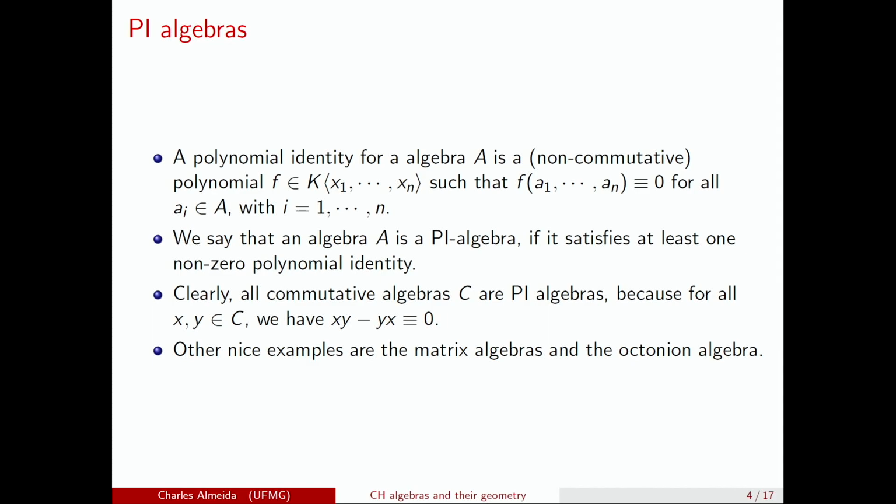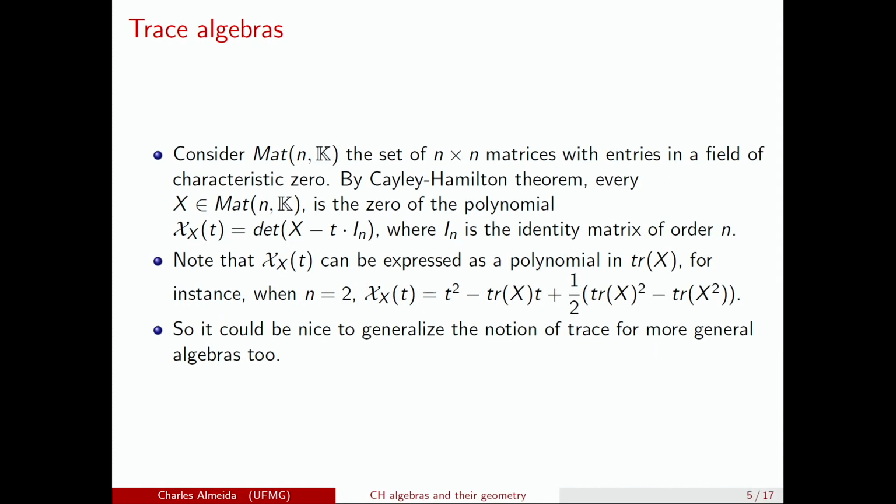Another nice example of PI algebras are the upper triangular matrices, which is very easy to prove. We can also consider the matrix algebra, and we can prove that the octonion algebra is also a PI algebra.